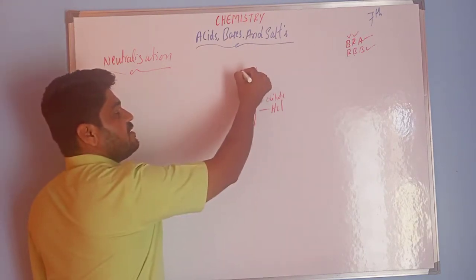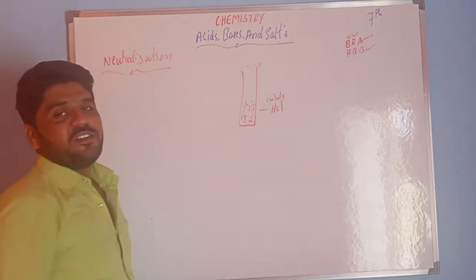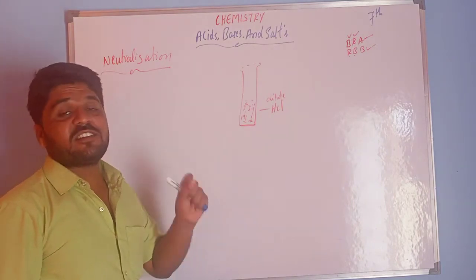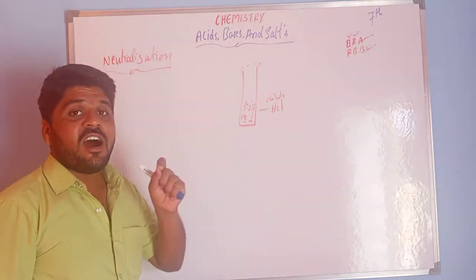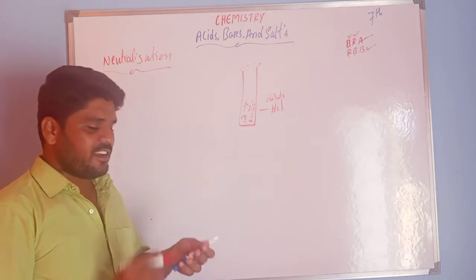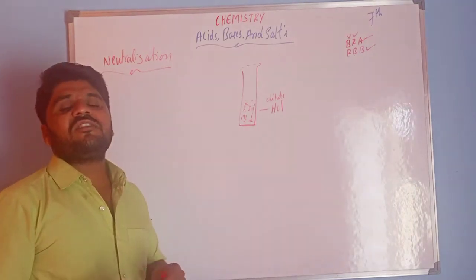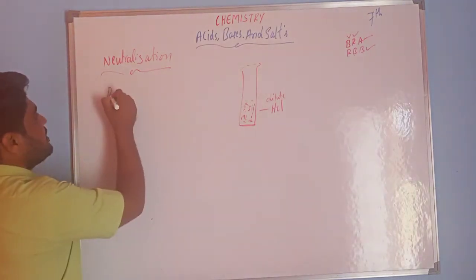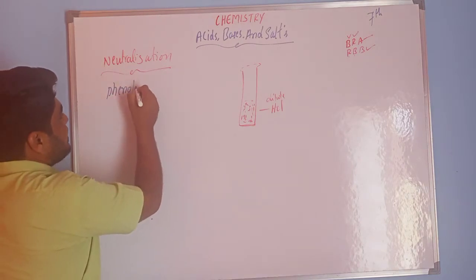Now in this I am going to add one important substance that we call an artificial indicator. That name is phenolphthalein.